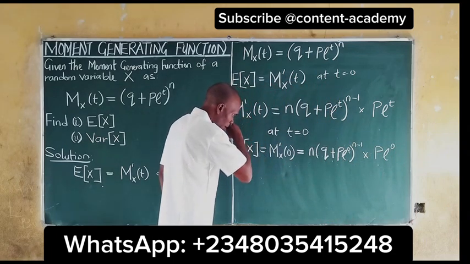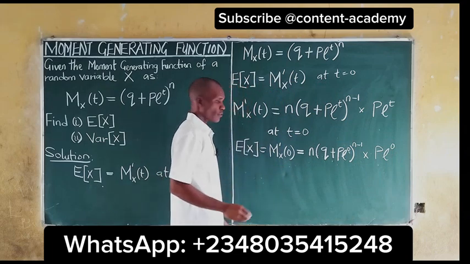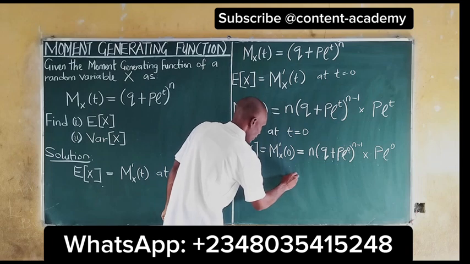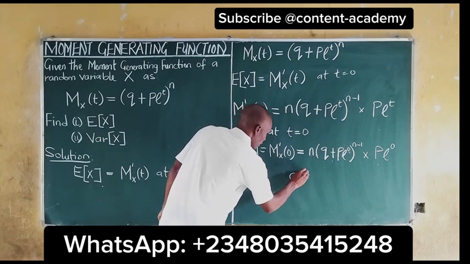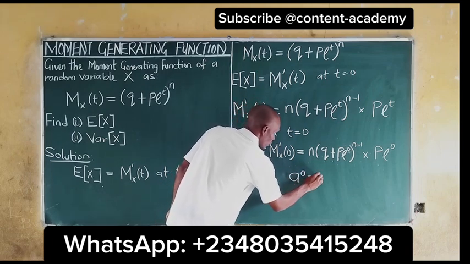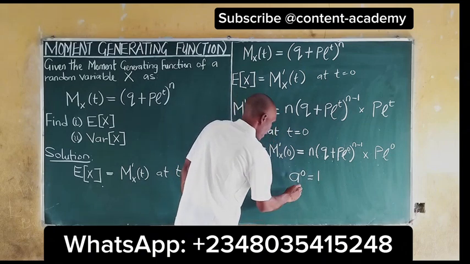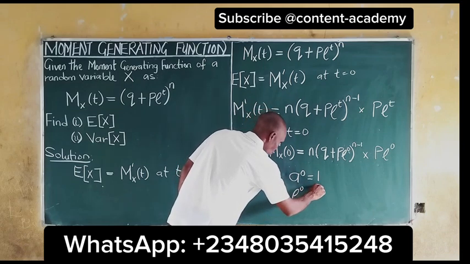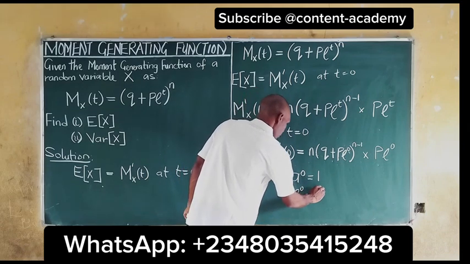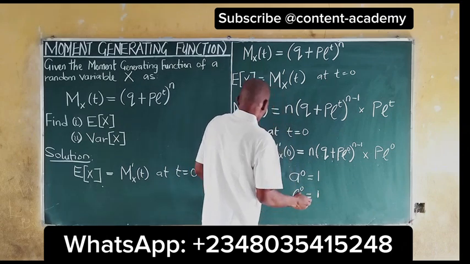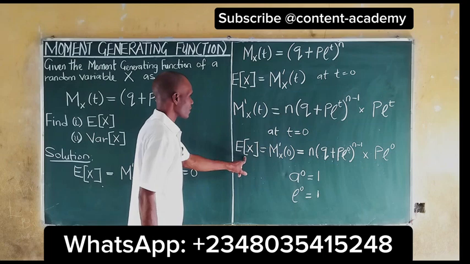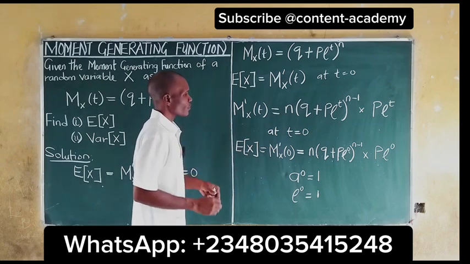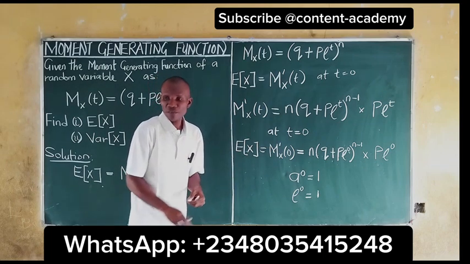Of course, from mathematics, anything raised to the power of 0 is 1. That is, a raised to the power of 0 is 1. It then implies that exponential 0 is equal to 1. So, what is now our expectation of X? We'll move over to this side of the board to write our expectation of X.